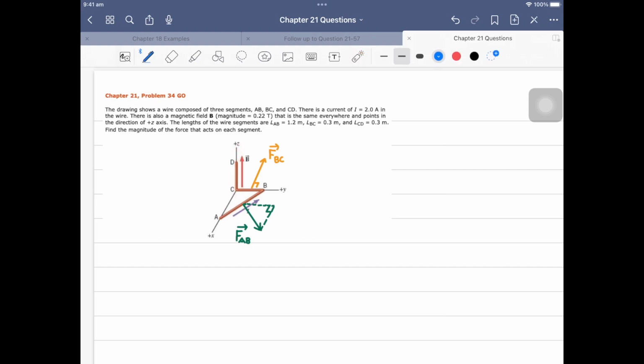So let's just figure out the magnitude of the force on these two. First of all, I can say that the angles that both bits of wire, AB and BC, make with the field are 90 degrees, right?